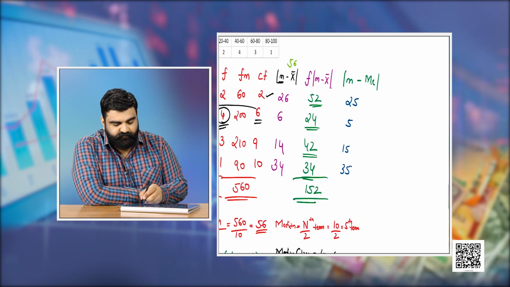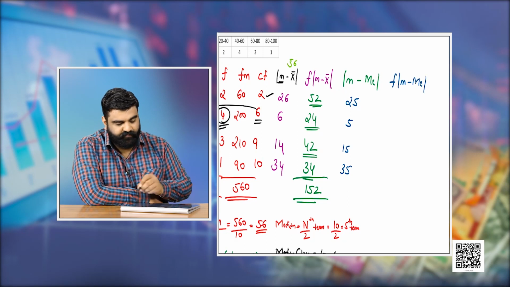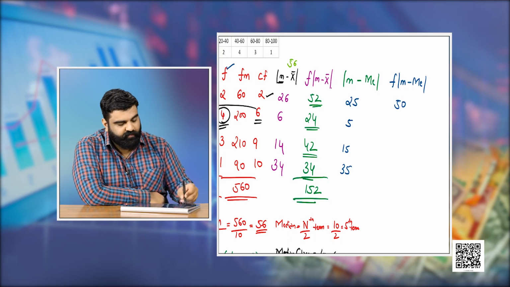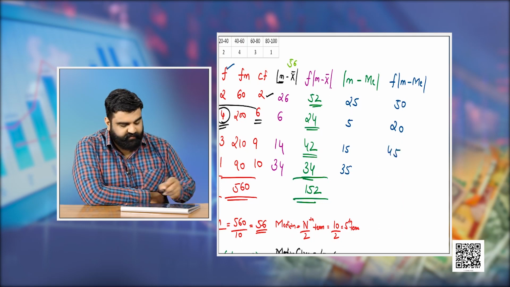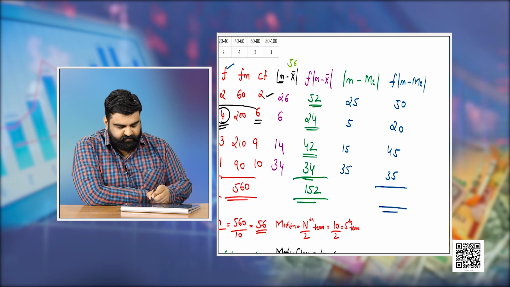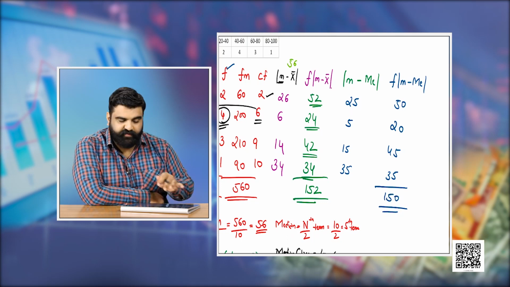Let us multiply it with frequencies. So, f into m minus median. So, we get 2 into 25, that is 50, 4 into 5, that is 20, 3 into 15, that is 45 and 35 into 1 which will be 35 again. So, we have 35 plus 45 which is 80 plus 20, 100 plus 50, that is 150.